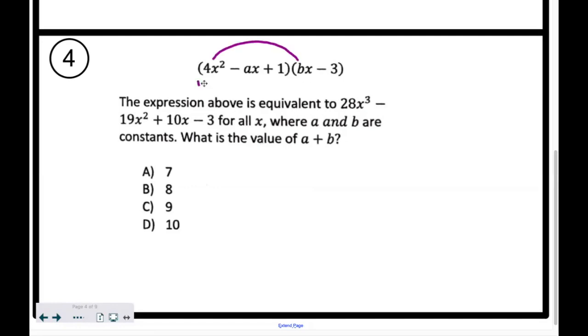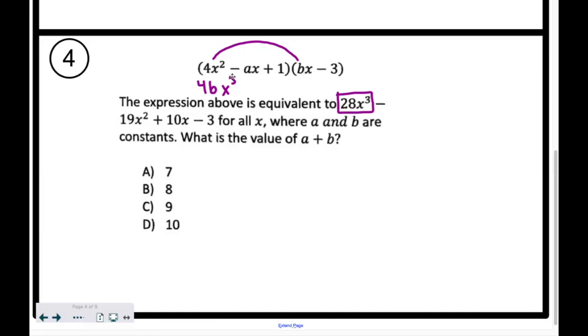The first piece that I would want to do is this one. That would give me 4b x cubed, and that is the only term that's going to give me x cubed. If you look, there's no other term that gives me x cubed when I multiply.